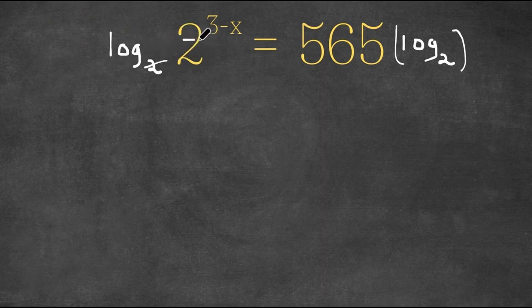So if these two cancel out, on our left-hand side I would simply have 3 - x, and on the right-hand side I would have log base 2 of 565.